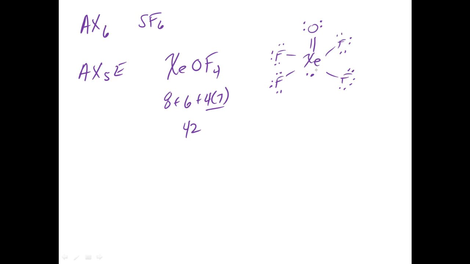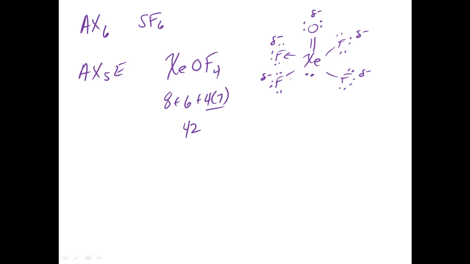All right, so let's make sure we got 42. 8, 8, 8, and 8 for the fluorines. It's 32. 32 plus 8 on the oxygen is 40, plus the 2 non-bonding electrons on the xenon here makes 42. We know the fluorines are more electronegative than the xenon, and we know the oxygen is more electronegative than the xenon.